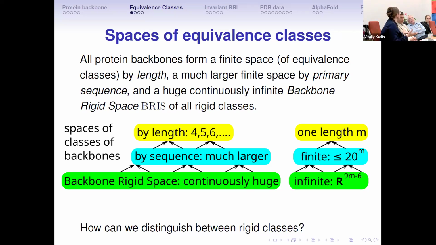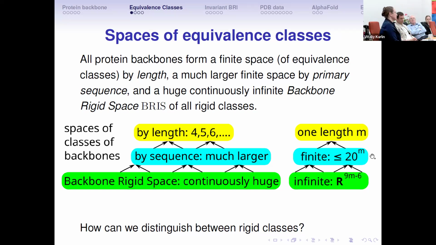Not really. The first issue is that it's not much information. The second issue is that in practice quite often we do not have measurements for the whole chain, just for part of it. But it is manageable and doable because then we are just dealing with one single length. If we just consider the sequences, then our number of equivalence classes is much larger.